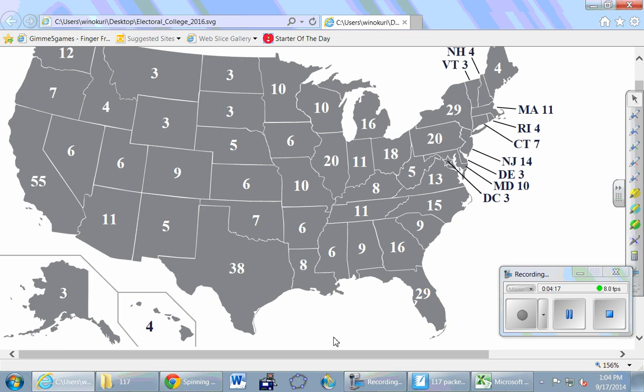Alaska is a very enormous state in terms of land mass, but it's very tiny in terms of population. So California has 55 because it has 53 members of the House of Representatives. All right. So we are represented proportionally based on the 2 senators plus the population of each of the states.